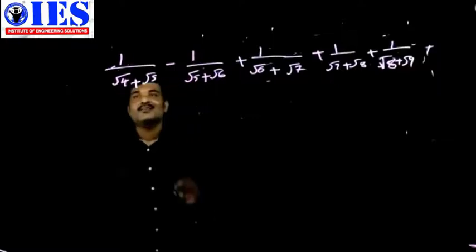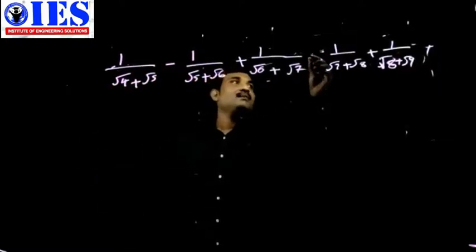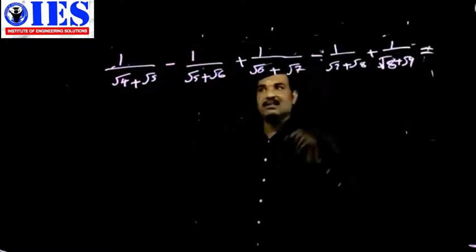Right. Now, here it is plus, minus, plus, again minus, plus, alternating. So, in our question, we want to find the value.